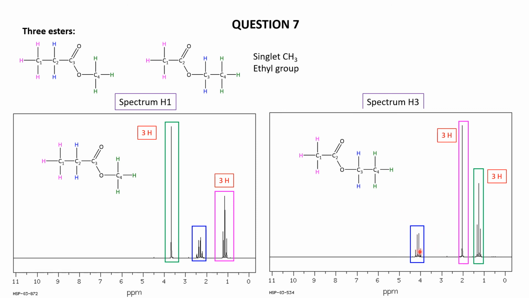Again, you'd expect it to be further downfield because the carbon is bonded directly to an oxygen. And again, compare how far downfield this CH2 group in blue is compared to the methyl group that has the same type of bonding. Okay, so fairly happy that H1 and H3 correspond to those 2 esters. And when I say fairly happy, I mean really happy.